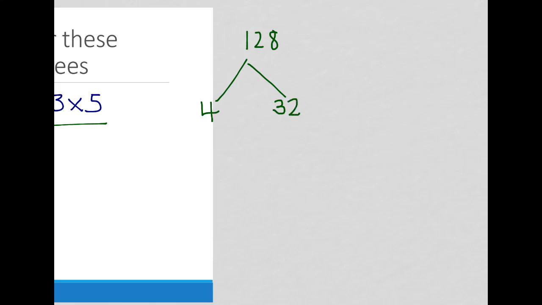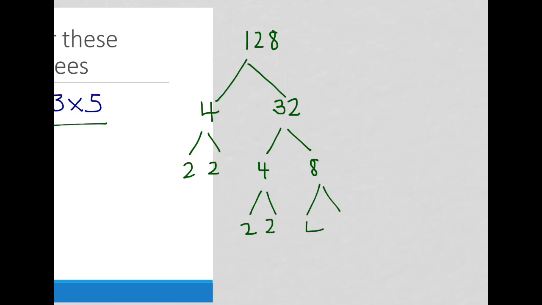Is 4 prime? No, I can carry on. 2 and 2, and 32, I'm going to do 4 and 8, and that would carry on 2 and 2, and 4 and 2 and 2 and 2.